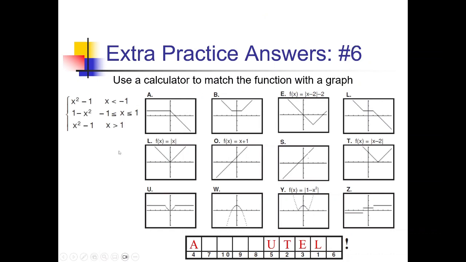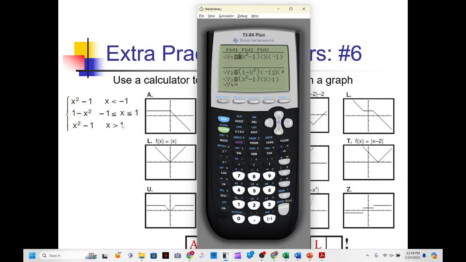For number 6, we've got another one of these 3-rule piecewise functions. Let me set this up on my grapher. So here's what I'm entering on the grapher. We have x squared minus 1, x less than negative 1. 1 minus x squared, and then just like the question before, I'll just scroll over to show you what I did here. I used an AND statement in between these two pieces.